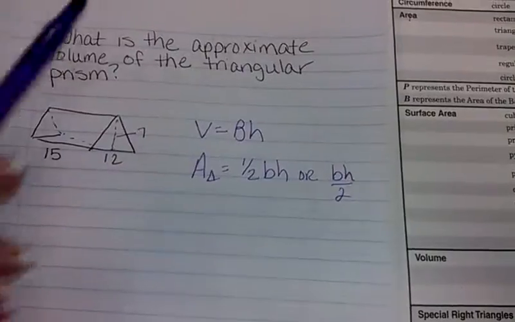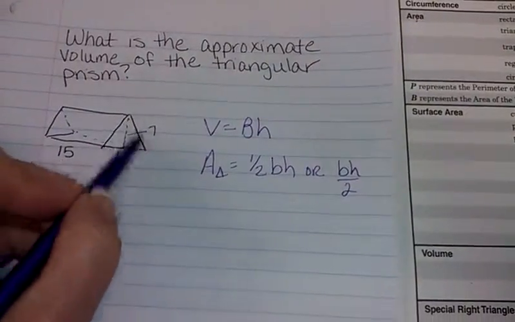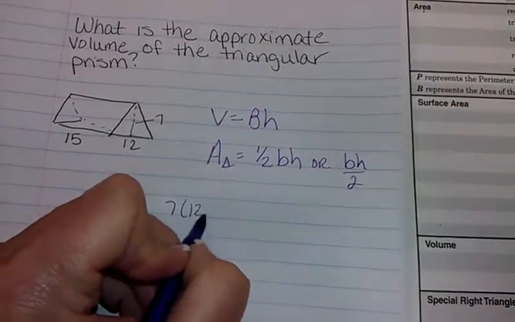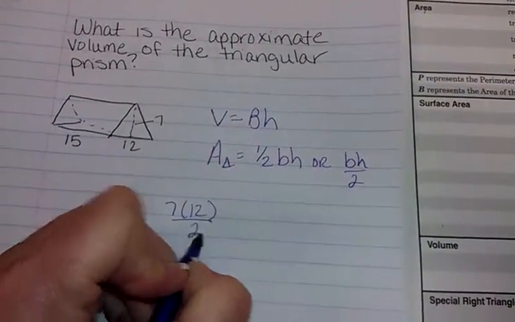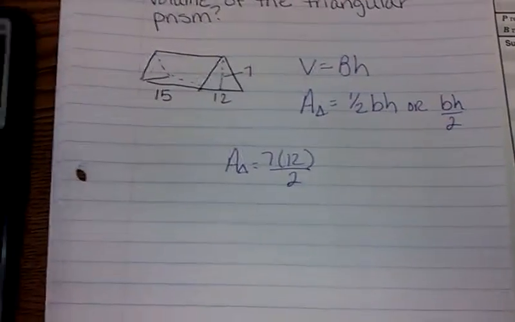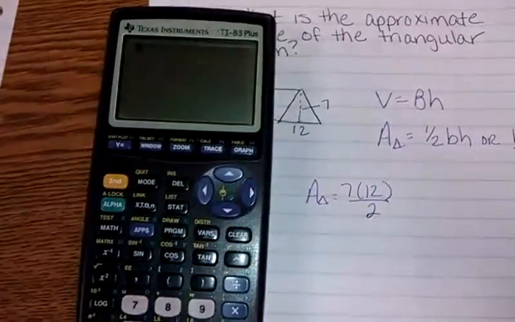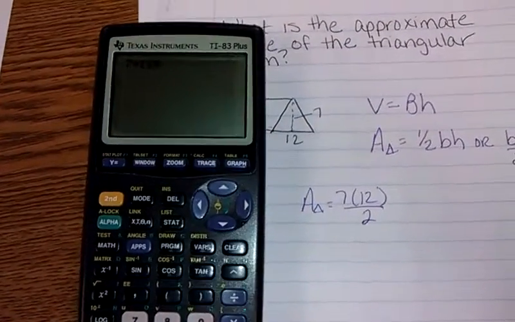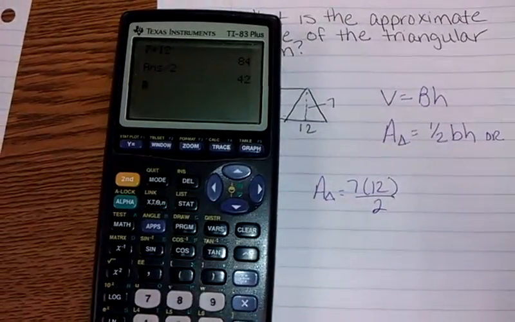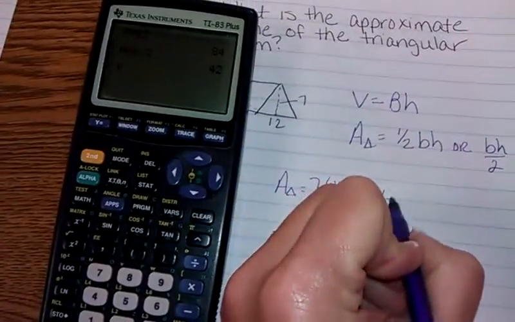So basically we can go and find the area of the triangle, which is 7 times 12 all over 2. This is the area of the triangle. This might be easier to do it this way for some of you. 7 times 12 gives me 84, divided by 2 gives me 42.